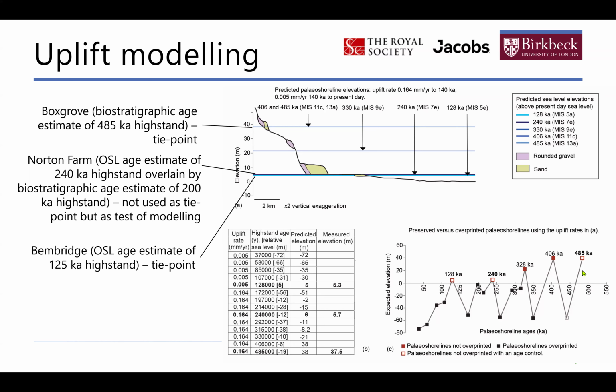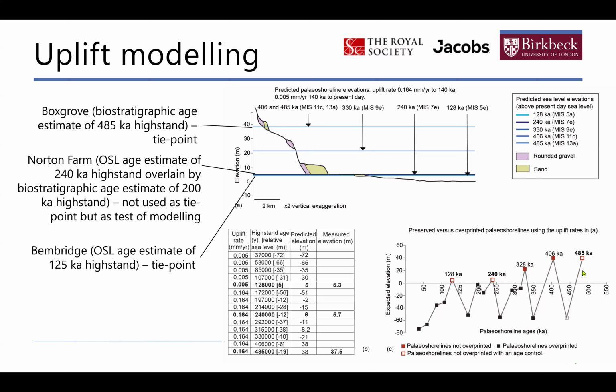And from this, you can see that the 125,000 year high stand, because it's bigger, even though there has been some uplift since the 240,000 year time high stand, they roughly sit at the same level, because the uplift is cancelled out by the fact that the second high stand is bigger than the first.